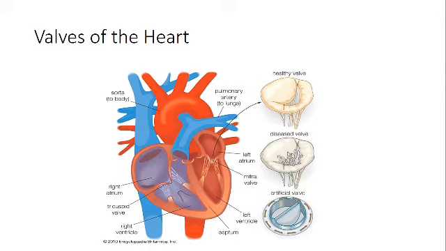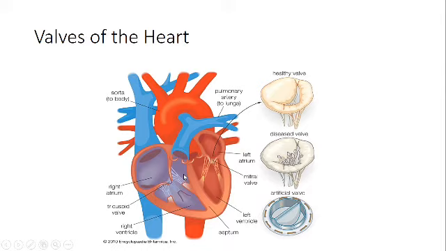Please also note that semilunar valves are also present where the pulmonary vein comes into the left atrium and the inferior and superior vena cava come into the right atrium.